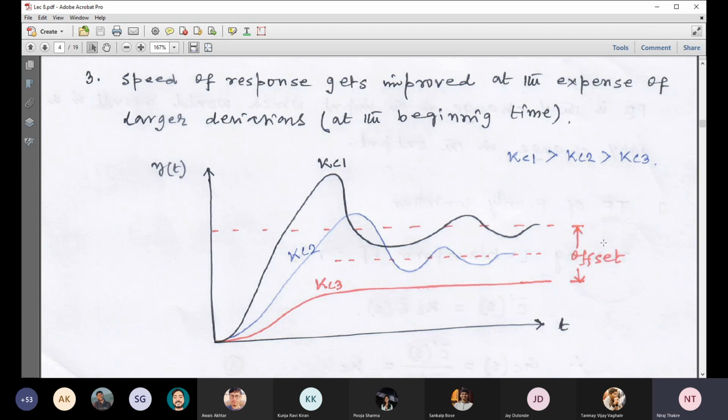And you see, I have written here another term that is offset. Offset is basically the steady state error. So as I mentioned, this is a set point. But you see, for Kc2, we are having certain deviation here. So this deviation is also offset, and this one is also offset.